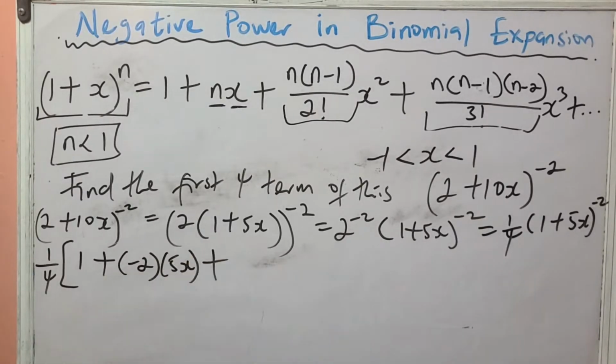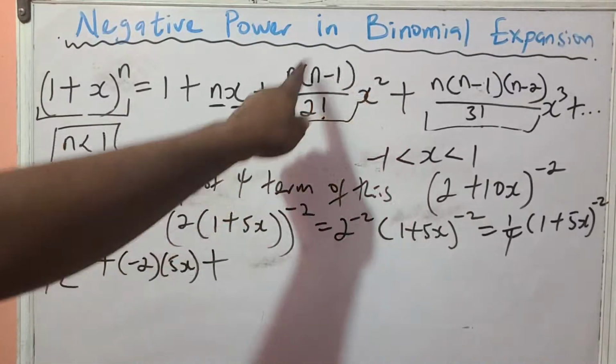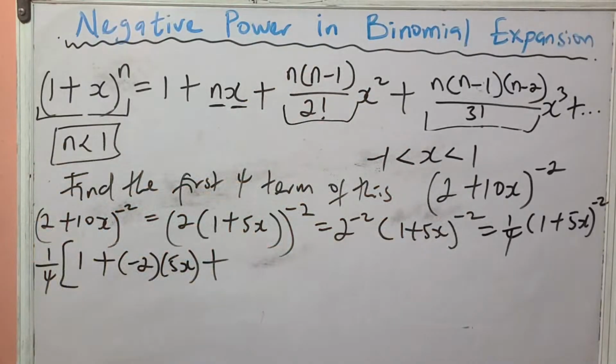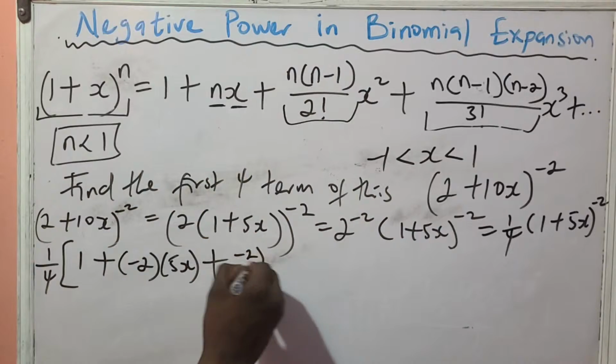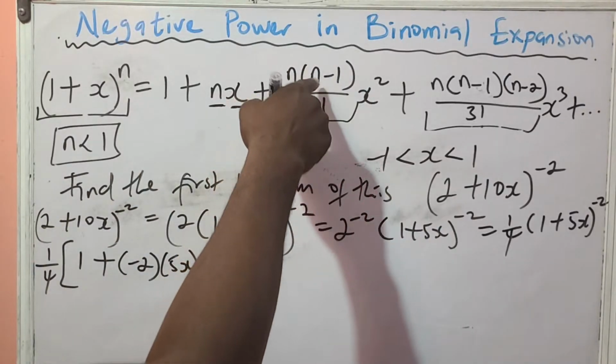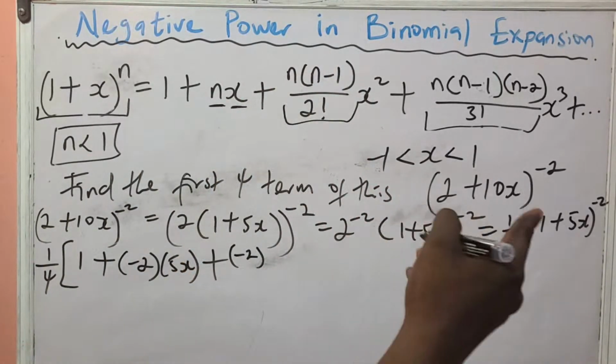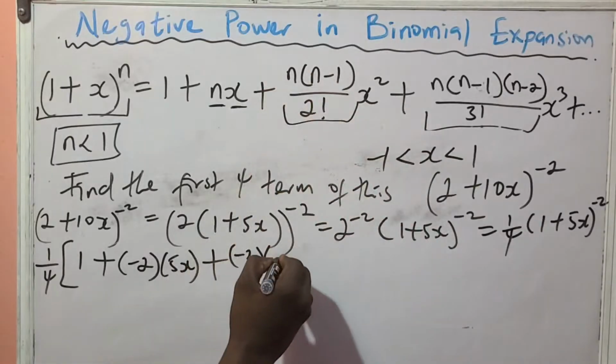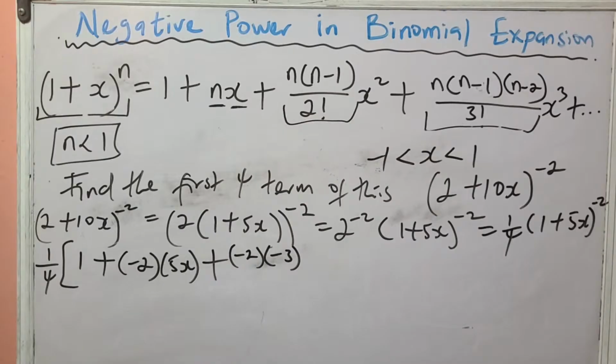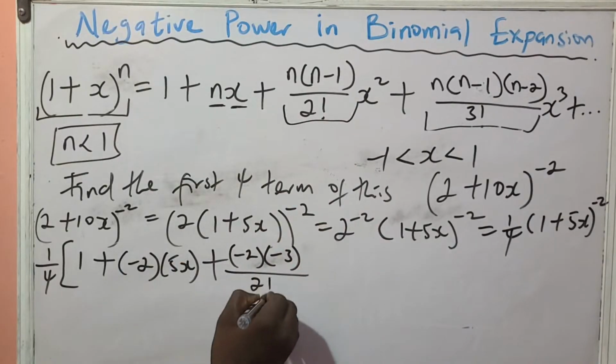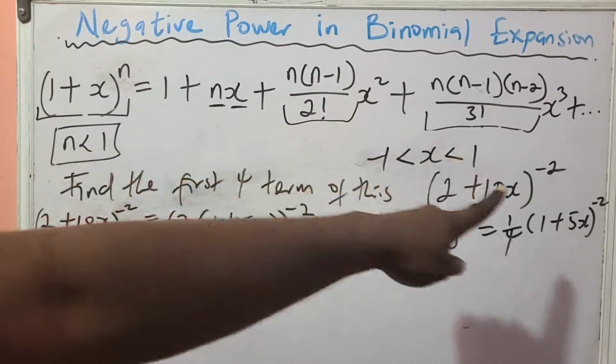Let me do the third term now. The third term, this is it right here. My n is what? Minus 2. So I have minus 2 times this minus 2 minus 1. What is minus 2 minus 1? Minus 2 minus 1 is minus 3. So I have minus 3. Then I have over 2 factorial. Now, my x is not x.